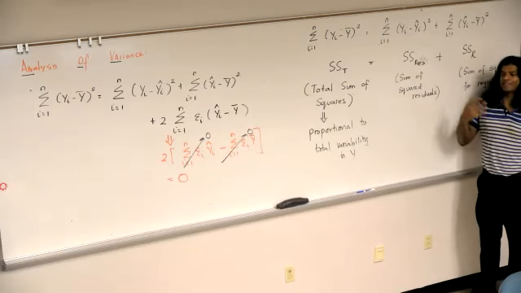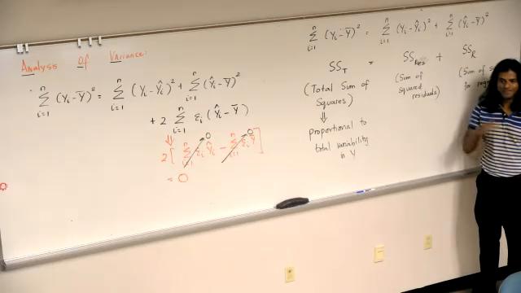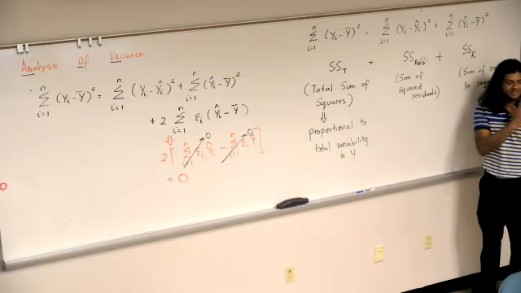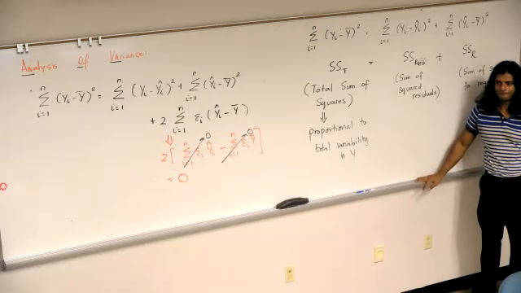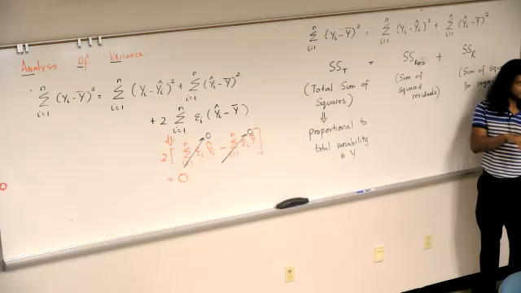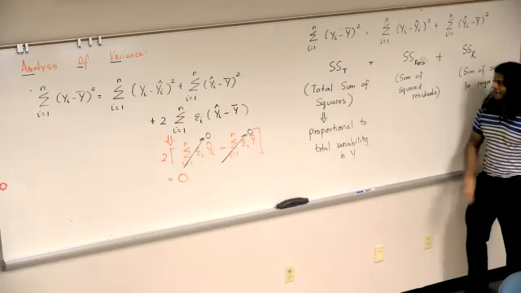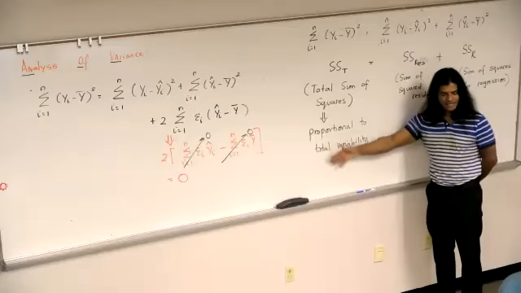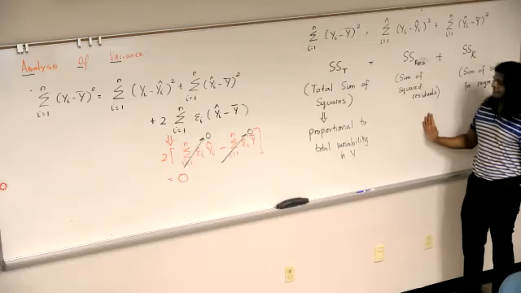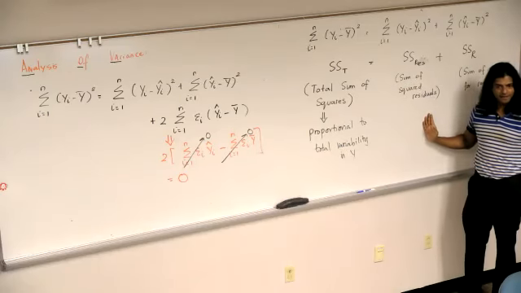But what would it mean in the context of regression? What does that tell you about the model? All the variability is caused by error. Very good. The entire variability that you see in YI is purely explained by error.